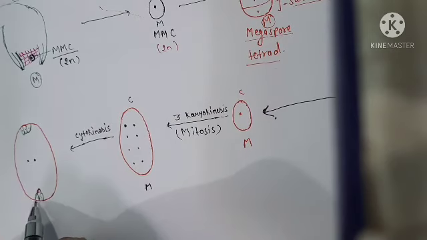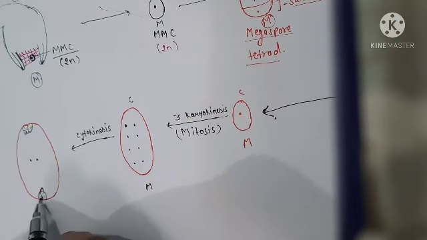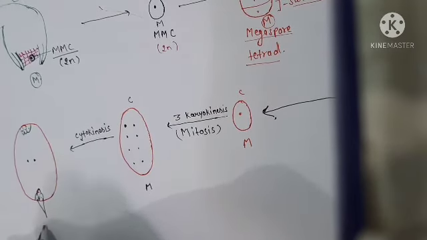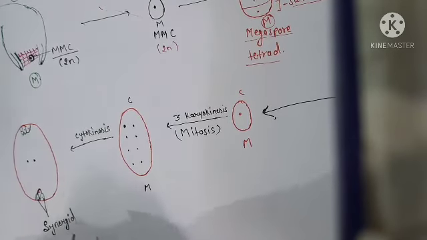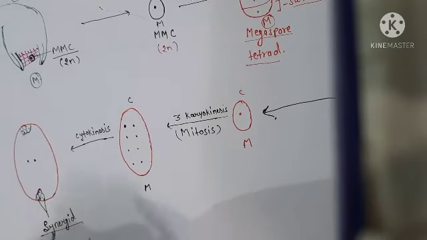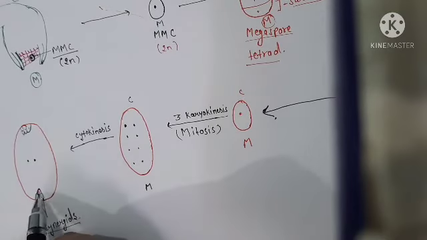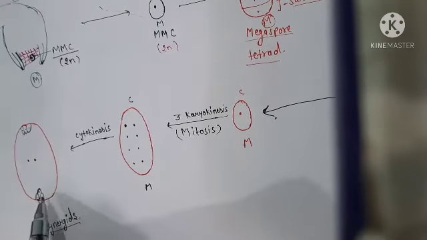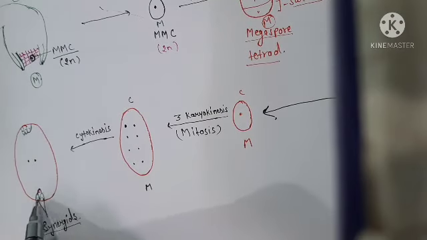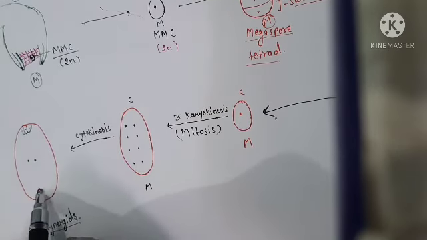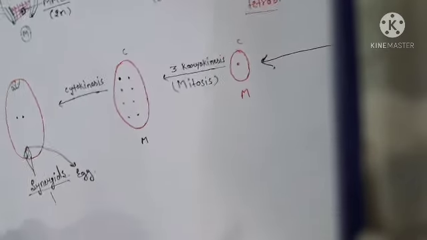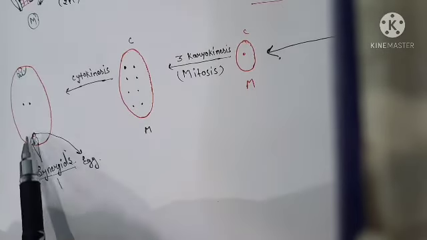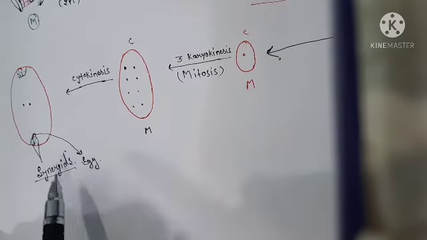These two are called synergids. And one here on the upper side is called the egg. The upper cell is the egg, and the lower two cells are synergids.